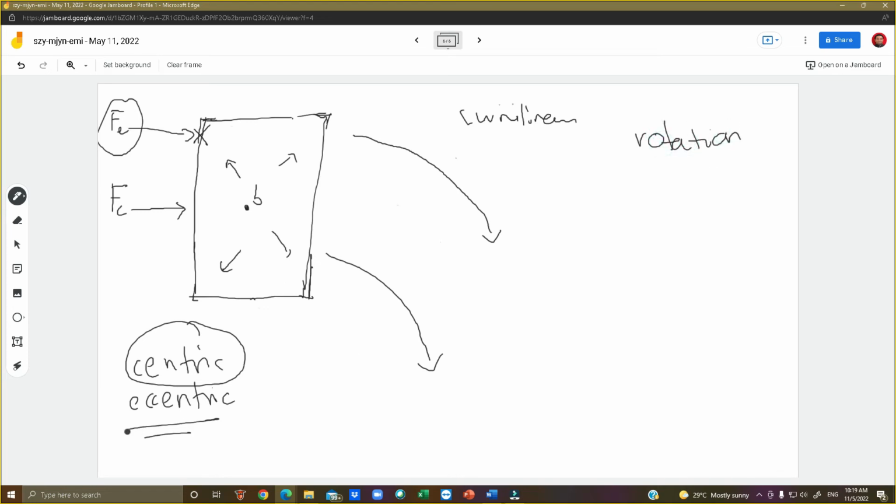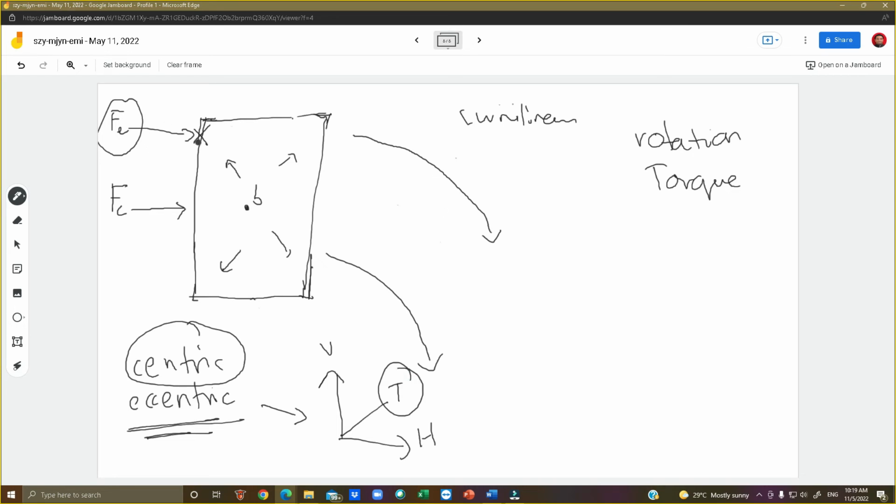Means eccentric force is the force that causes torque. When we do eccentric force, this kind of force gives you V, H, and T. Now we have torque. We have rotation.